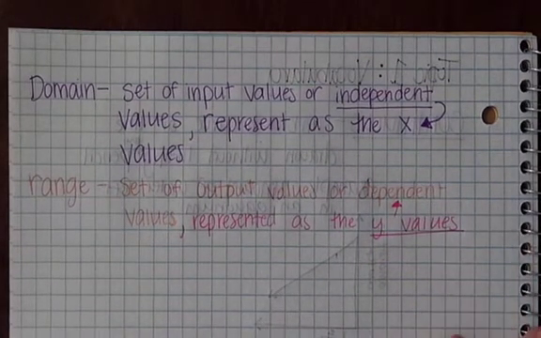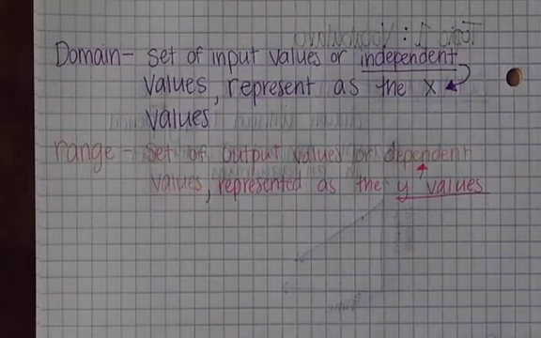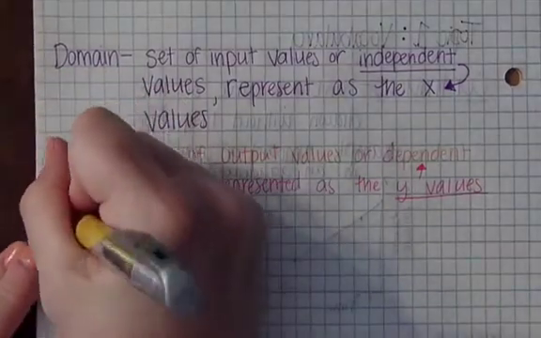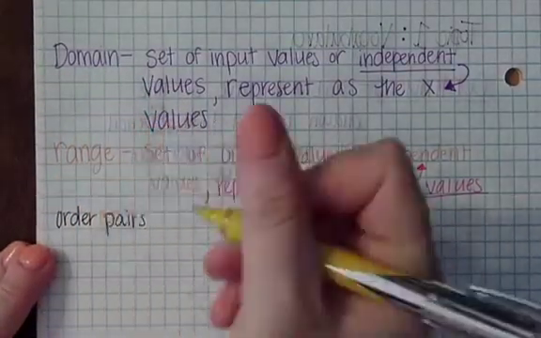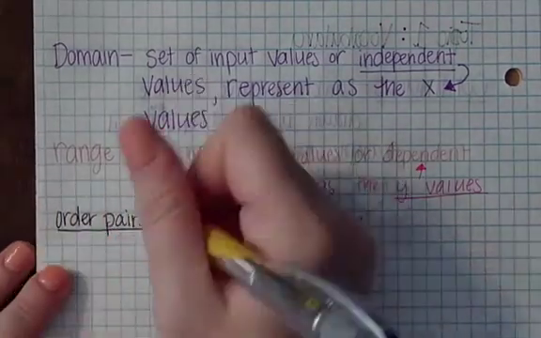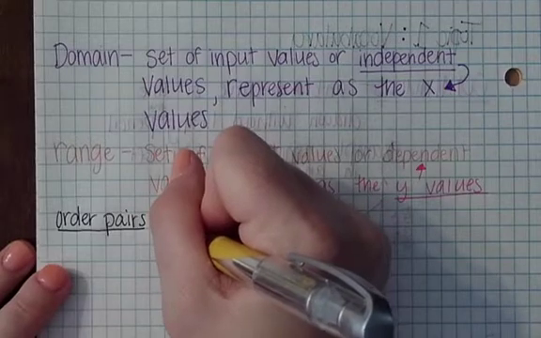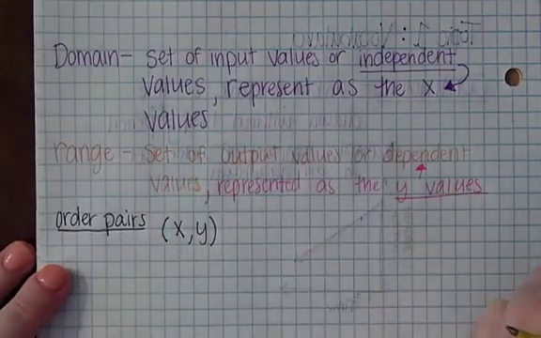Okay. So also in your notebook, I just want you to write a few examples of those things that we were just looking at. So we have ordered pairs, which would be something like the XY coordinates.